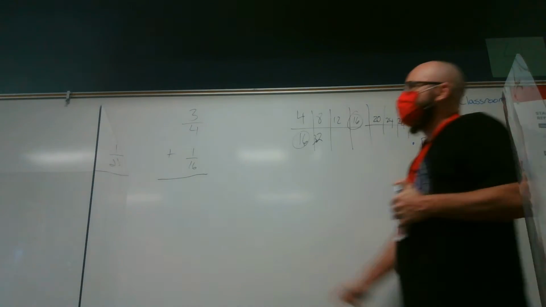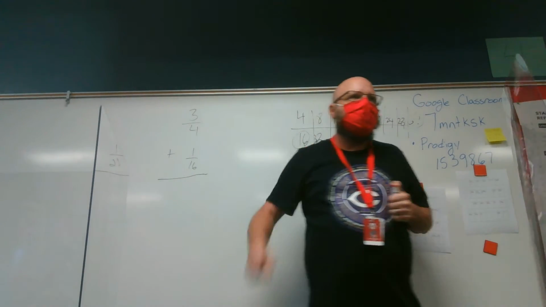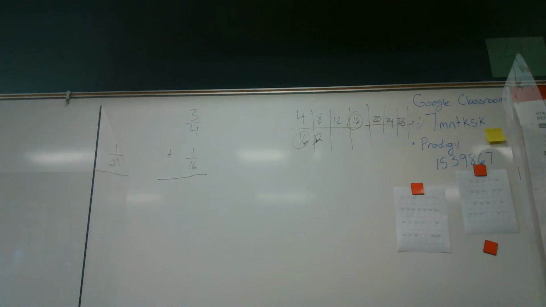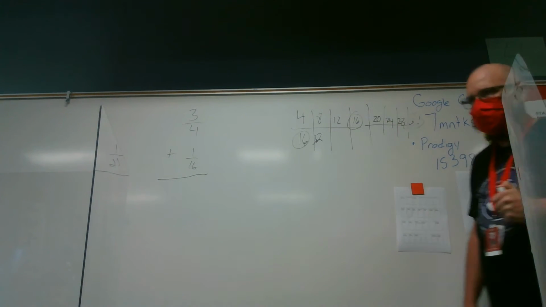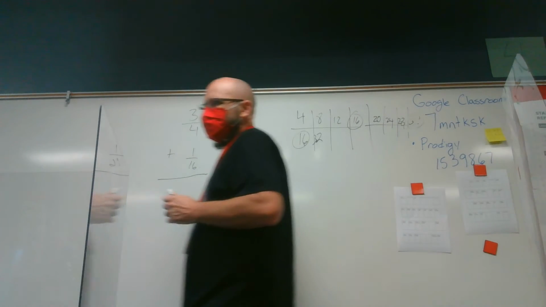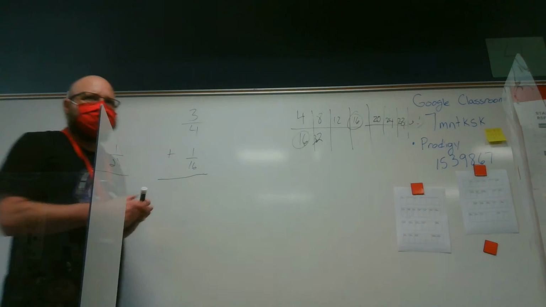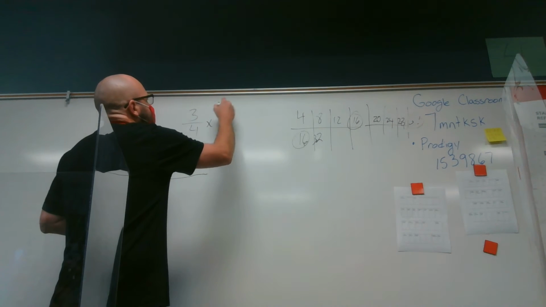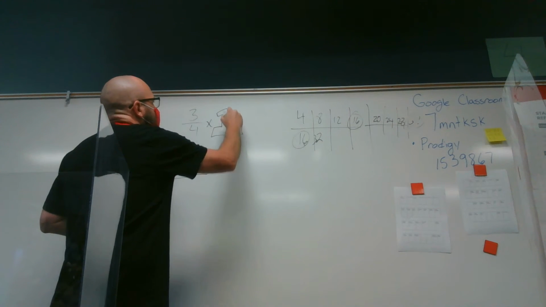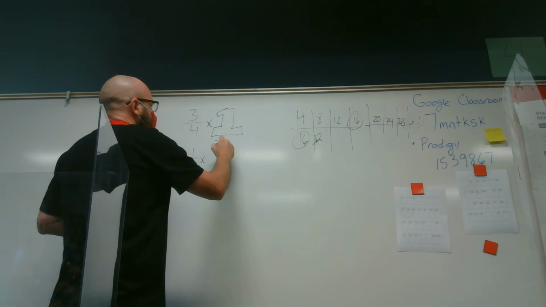I need to change both of these fractions so that they have a denominator of 16 without changing the values. That doesn't make sense? Well, if we multiply something by 1, it stays the same.